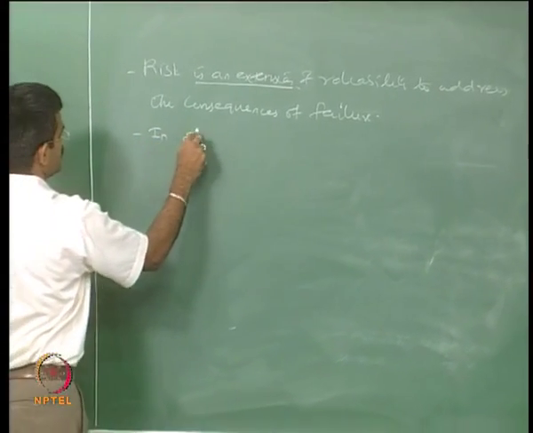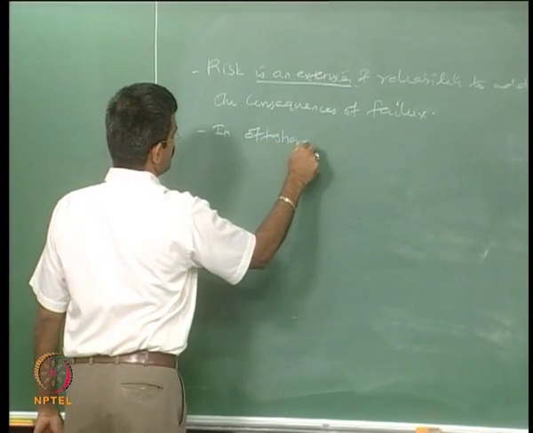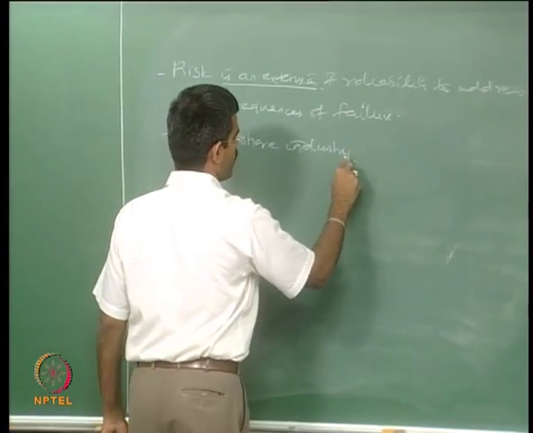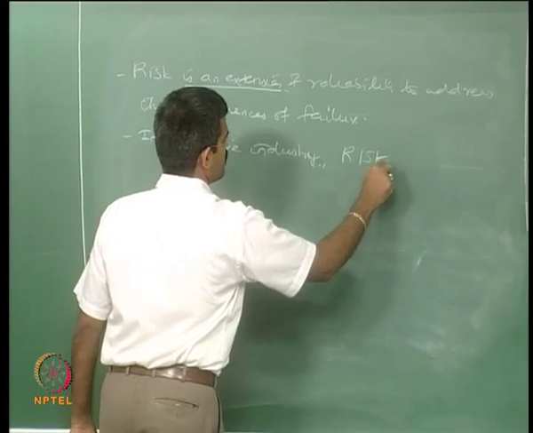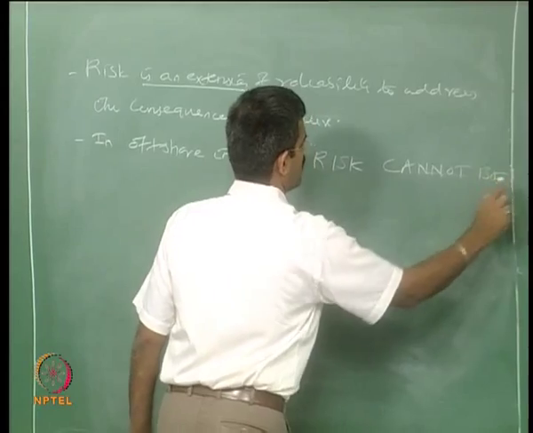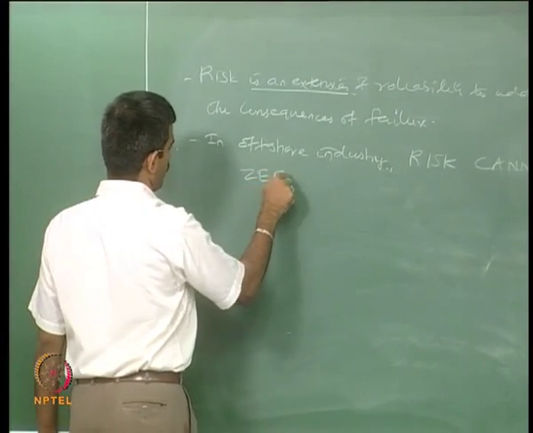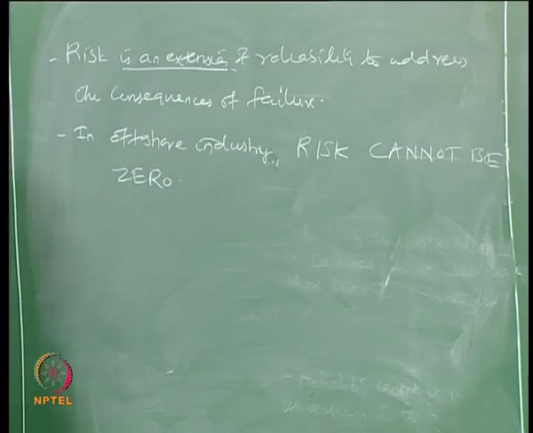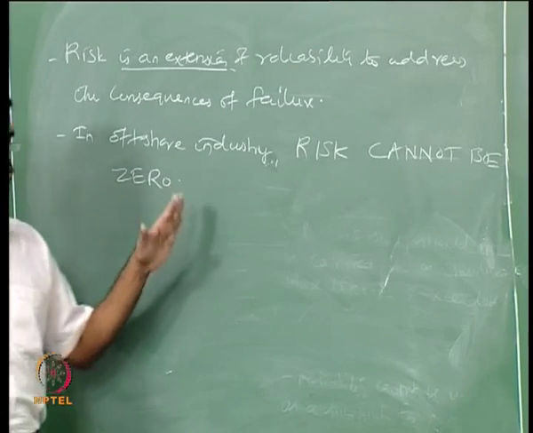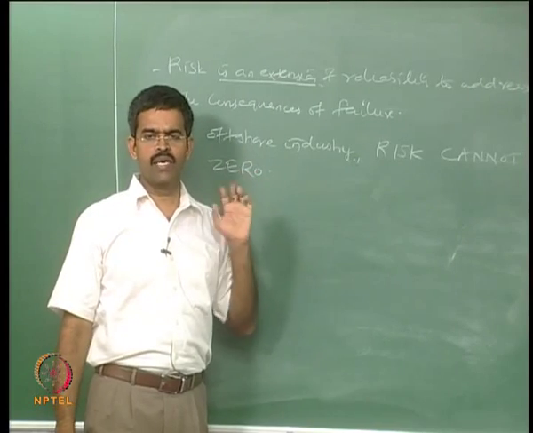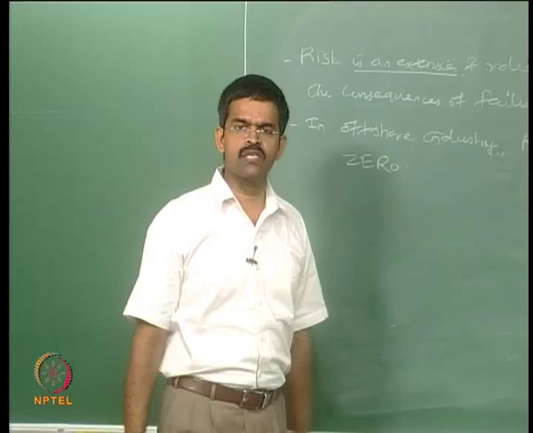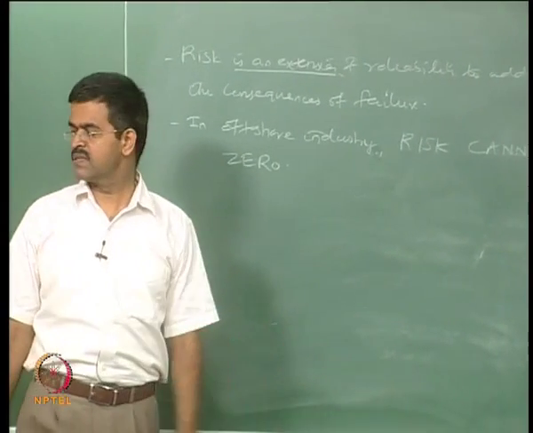As we all understand, in particular in the offshore industry, risk cannot be 0. In the offshore industry, risk cannot be 0. There will be some risk associated with the offshore industry, okay, because of high levels of uncertainties, different groups and kinds of uncertainties which we saw in the last lectures.